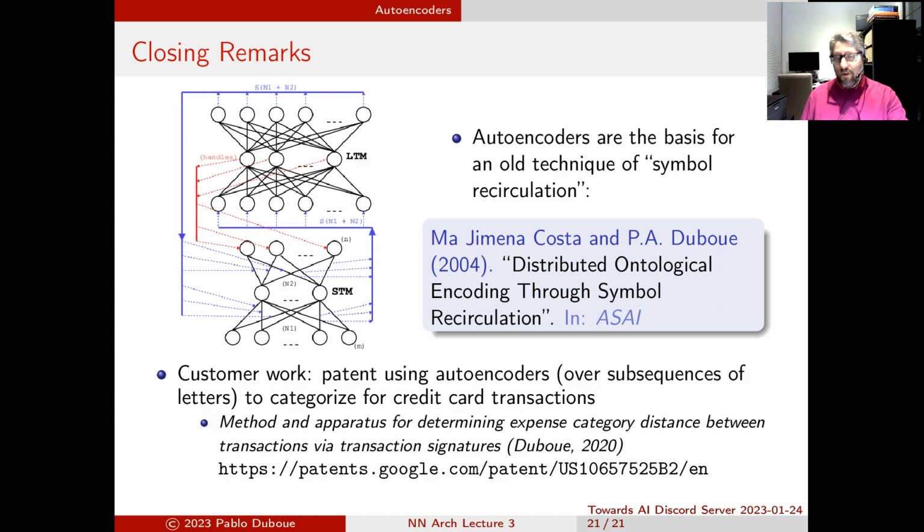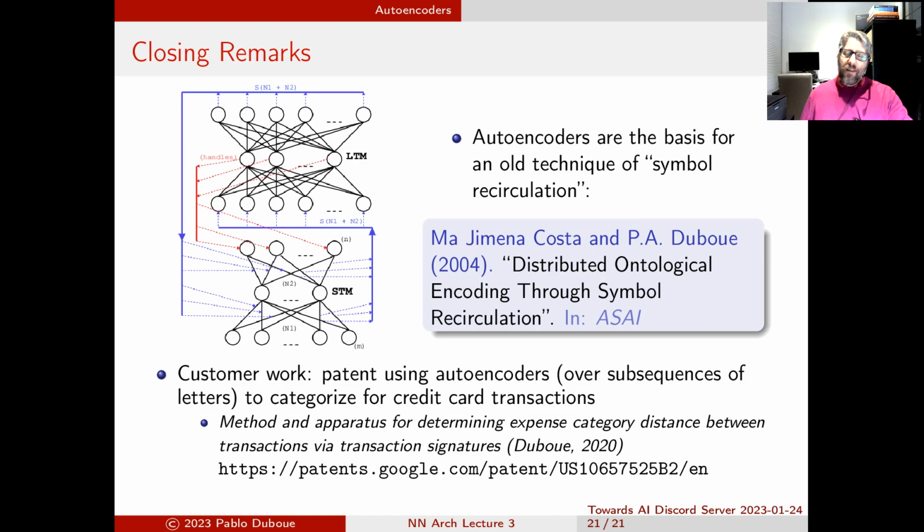That paper is actually in the zip file in the extra folder. And something else on autoencoders that I have done more recently is for customer work. I have a patent on using autoencoders over subsequences of characters to categorize credit card transactions. So you may have seen when you receive your credit card statement, you have these very telegraphic short pieces of text that describe the type of the transaction you made.